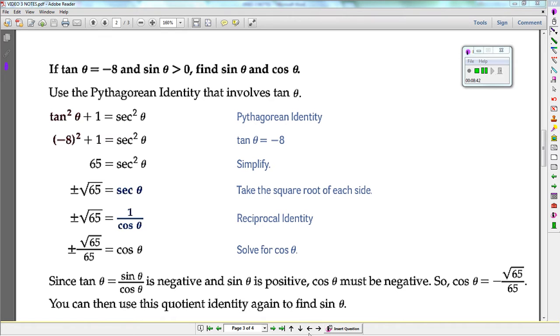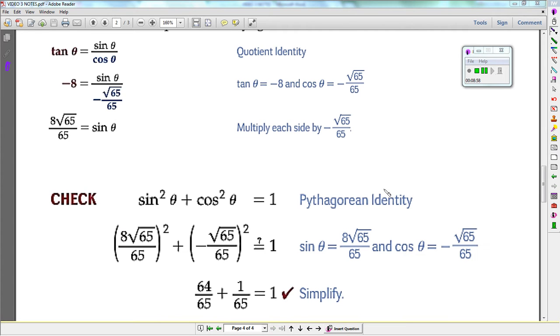You can check with either one of them. We go ahead and check with sine squared theta plus cosine squared theta equals 1. Then we substitute sine for 8 square root of 65 over 65, and we square this. And then we substitute cosine for negative square root of 65 over 65, and don't forget to square it.